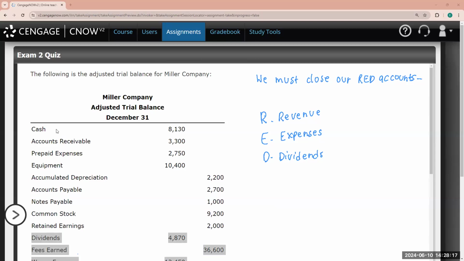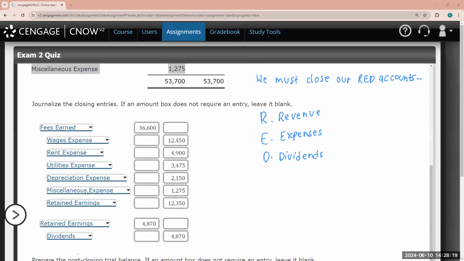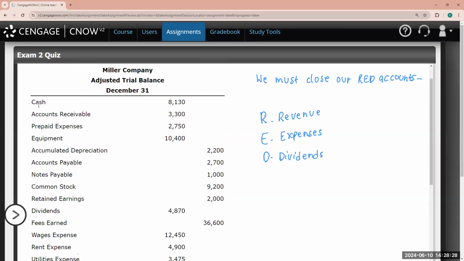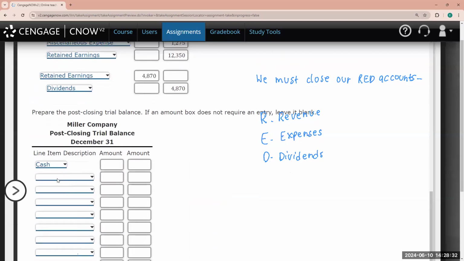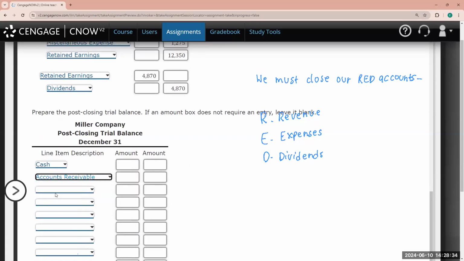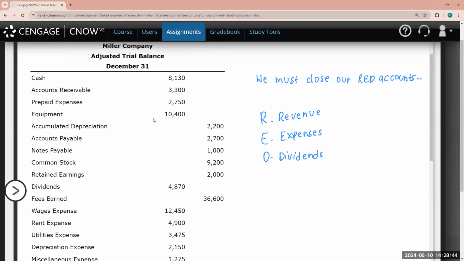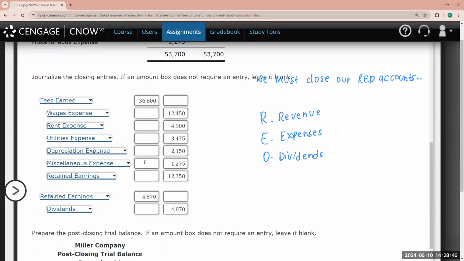Instead, we would have our assets, liabilities, and our stockholders' equity accounts that remain. So we would have our cash, accounts receivable, prepaid expenses, and equipment. We see the amounts above: $8,130, $330, $2,750, and $10,400.